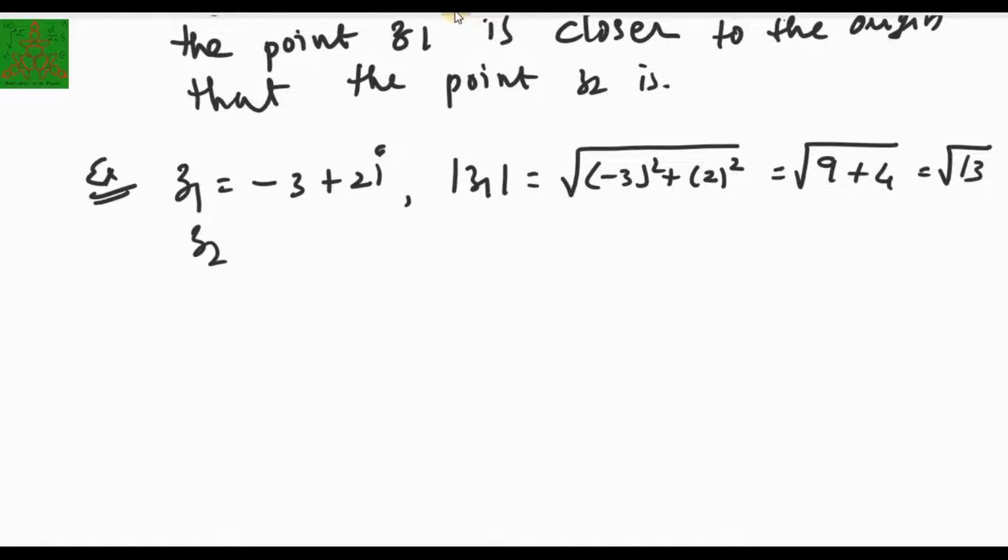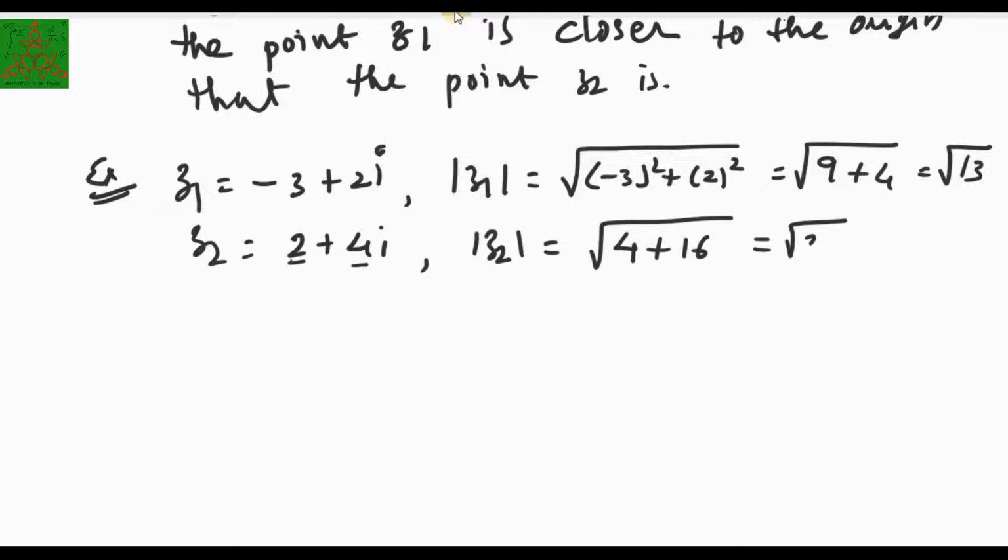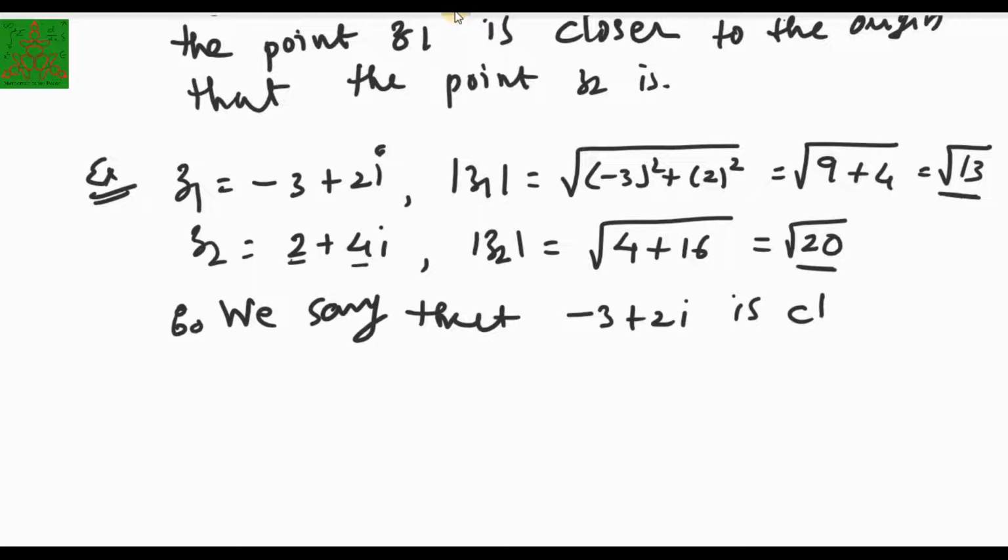And if I consider z2 as 2 plus 4i, then mod z2 will be the square root of 2 squared plus 4 squared, that is 4 plus 16, the square root of 20. From this, root 20 is obviously bigger than root 13. So we can say that minus 3 plus 2i is closer to the origin than 2 plus 4i is.